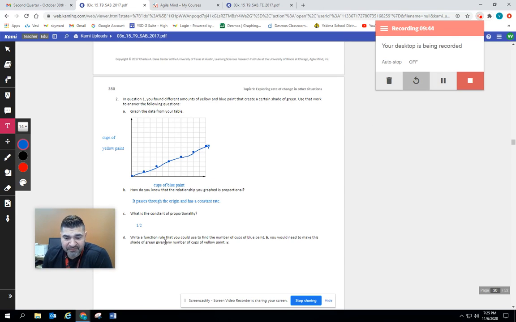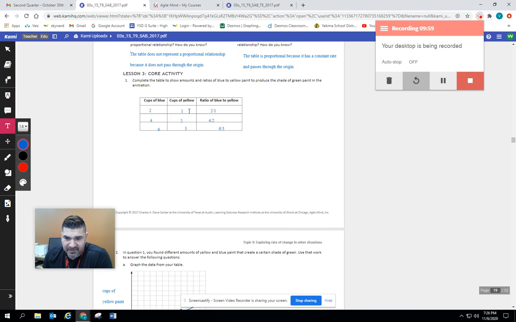Okay, so letter D says, write the function rule that you could use to find the number of cups of blue paint you would need to make this shade of green given any number of cups of yellow paint. Okay, so if they give you the yellow, right? What would you have to do to yellow to make it equal the number of cups of blue?